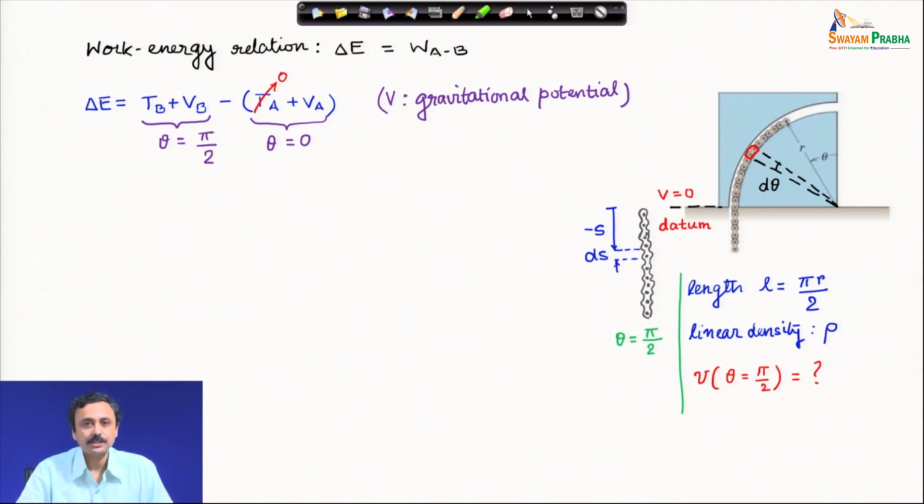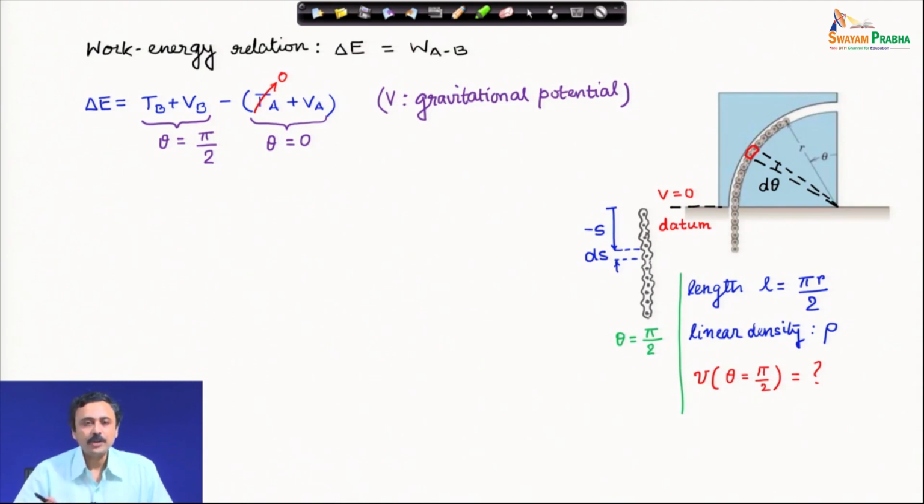Here the potential is due to gravity, and that is the only force which does the work. There is a normal reaction from the circular guide, but remember, this guide is frictionless.